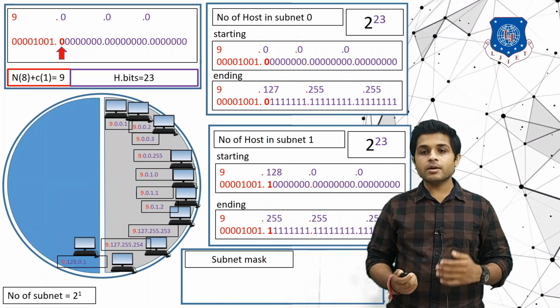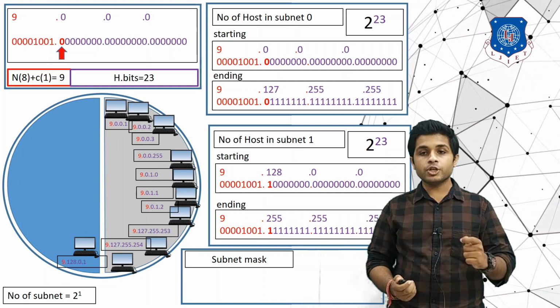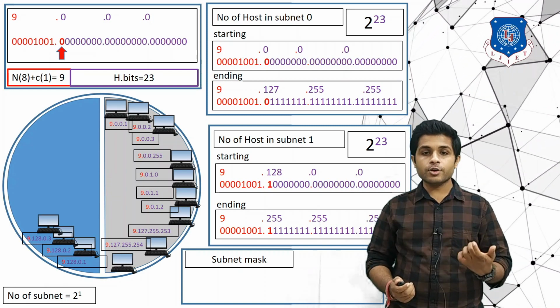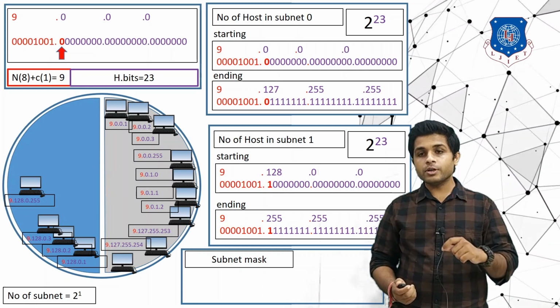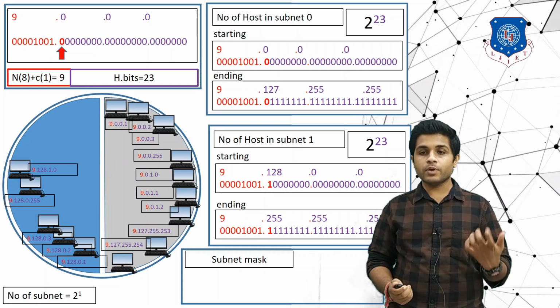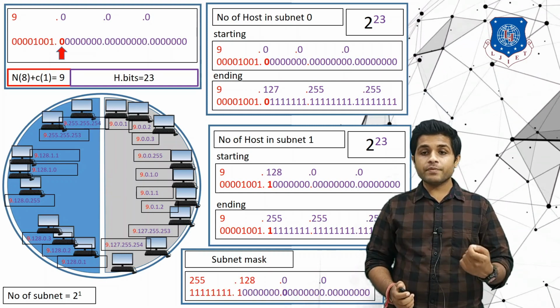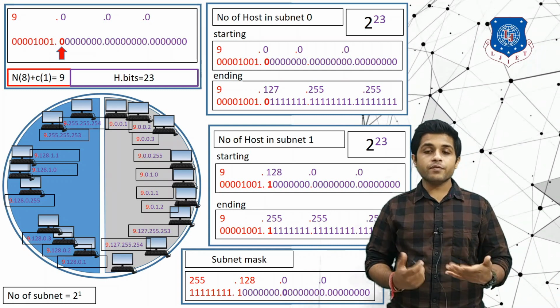So what will be the IP address of the first device in subnet 1? It will be 9.128.0.1, then 0.2, 0.3, 0.4 up to 0.255. If you increment 1 to that, you will get 1.0, 1.1, 1.2, and you will keep incrementing and you will get 9.255.255.255.